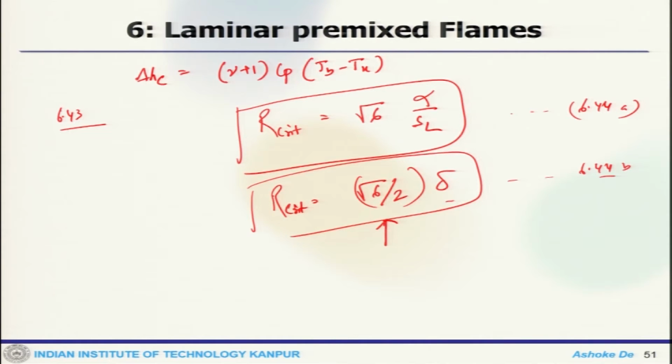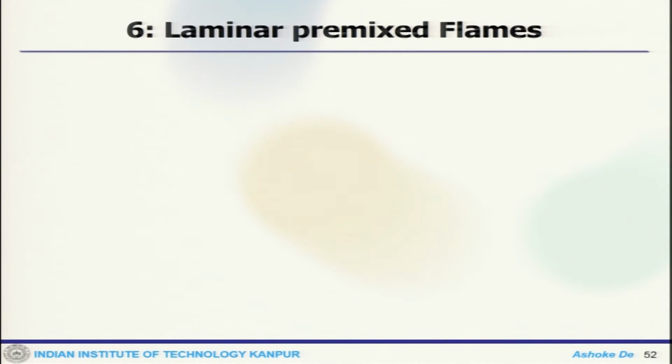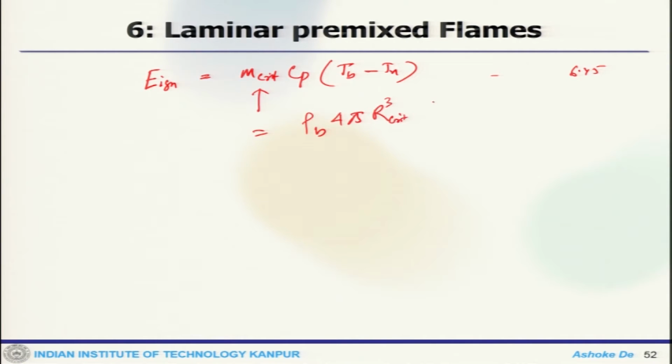Now, we assume the energy added by the spark heats the critical volume to the burn gas temperature. So, we can estimate that the ignition energy is m critical Cp Tb minus Tu. And what about m critical? That is nothing but rho b 4 pi R critical cubed by 3.